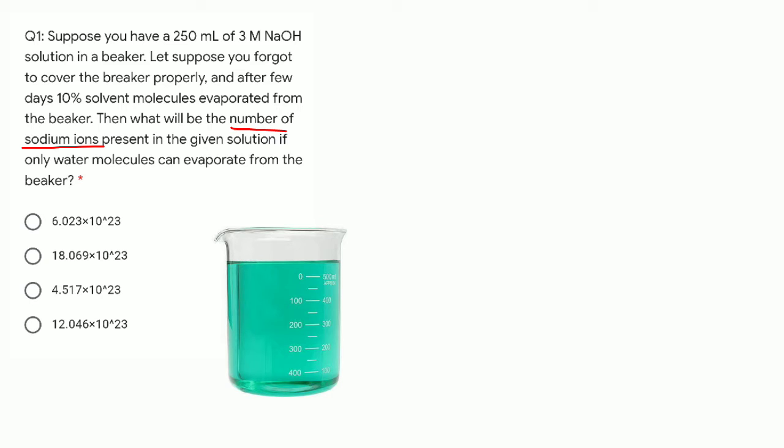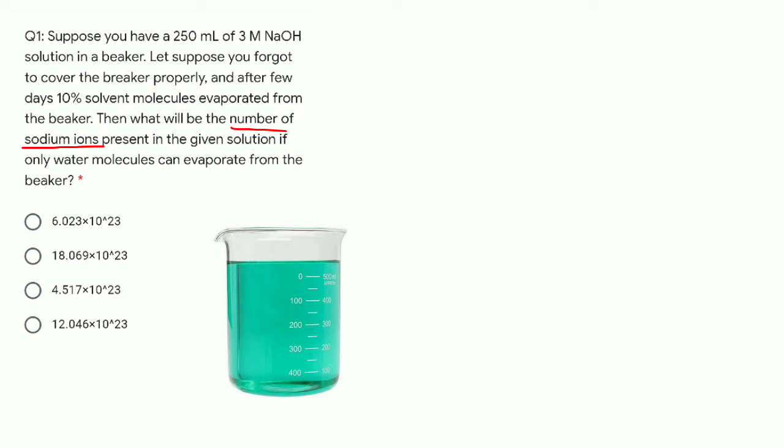So what do we mean by 3 molar sodium hydroxide? We know that a 1 molar solution means that in that solution, 1 mole of solute is dissolved, and the volume of that solution should be 1 liter.